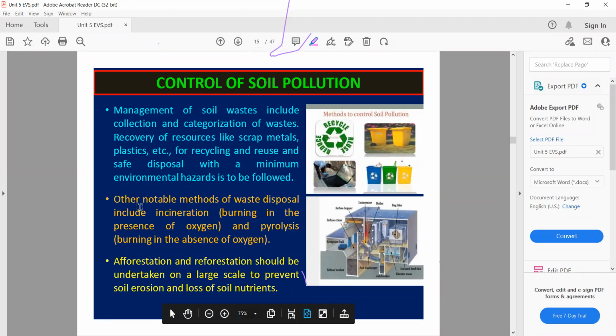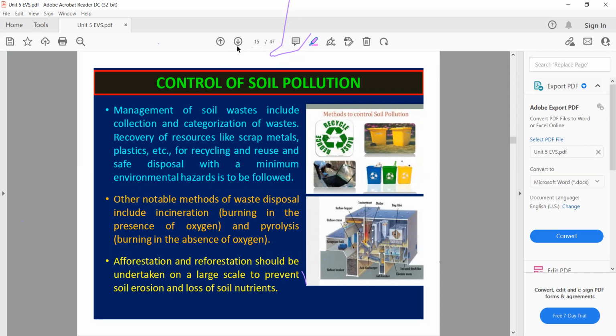Other notable methods of waste disposal include incineration, which is burning in the presence of oxygen in a closed chamber, and pyrolysis, which is burning in the absence of oxygen. Next, afforestation and reforestation should be undertaken on a large scale to prevent soil erosion and loss of soil nutrients. You all know, if you plant a tree, the roots of that tree will bind the soil particles together, and this will prevent loss of the topsoil. That is, it will prevent soil pollution, right?